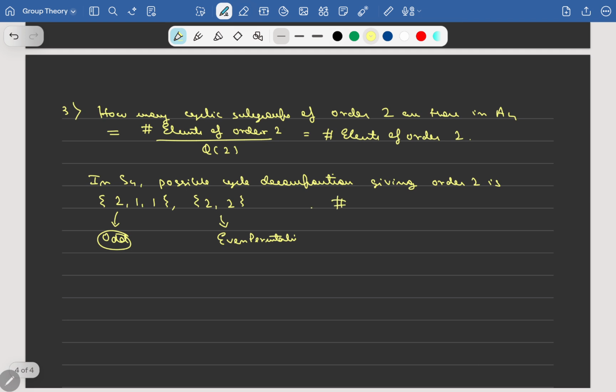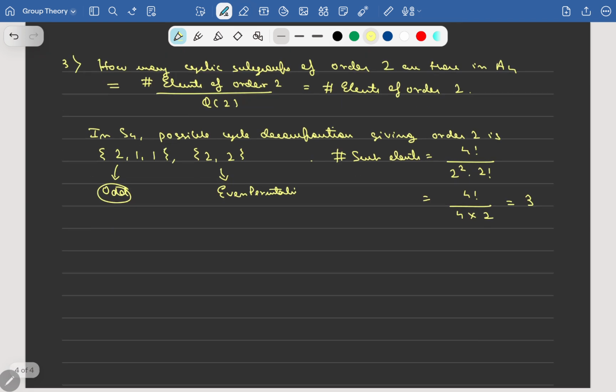So therefore the number of such elements: recall how to calculate the number of such elements. This should be 4 factorial divided by 2 squared times 2 factorial, which comes out to be 4 factorial over 4 times 2, which is just 3. So there are 3 elements of order 2 in A4. Therefore the number of homomorphisms should be exactly equal to 3 times the order of the automorphism group of Z2.